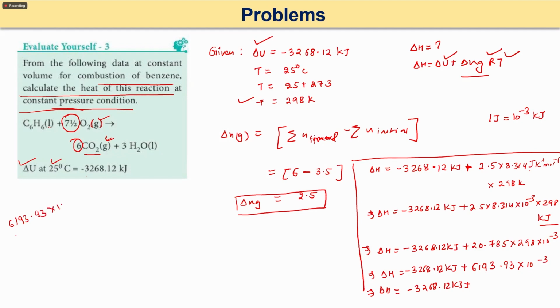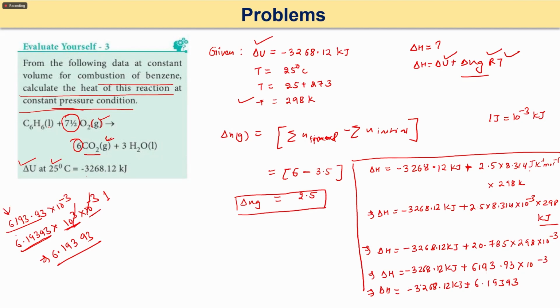You can also write it as 6.19393 into 10 to the power 3, because if you multiply this with 10 to the power minus 3, you get this value. Here it is 10 to the power 3 into 10 to the power minus 3, so it will become 1, and we will be left with only 6.19393.